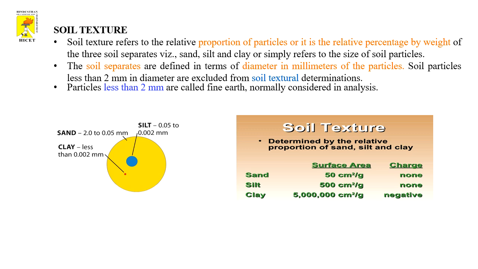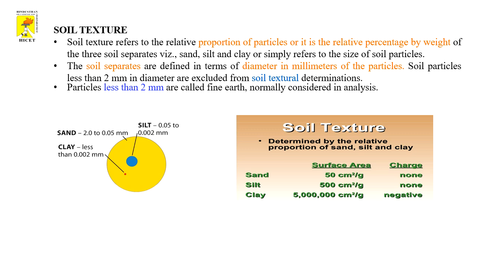First one is soil texture. Soil texture is defined as the relative proportion of particles, or the relative percentage by weight of the three soil separates. The three soil separates are sand, silt, and clay. Simply, soil texture is all about the size of the soil particles present in the soil.